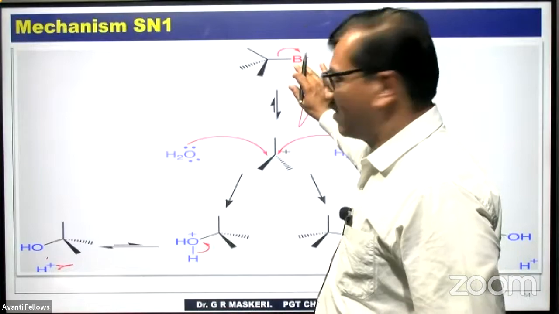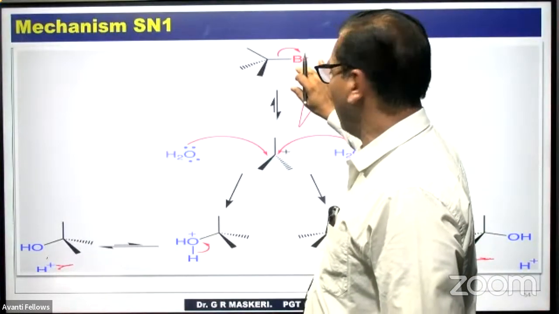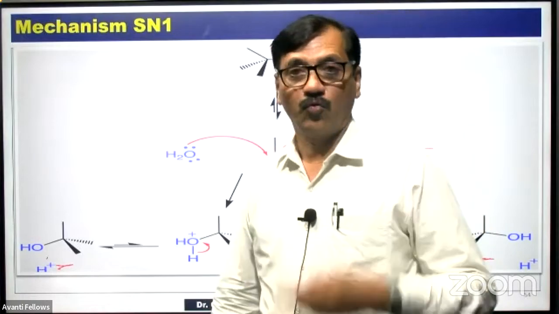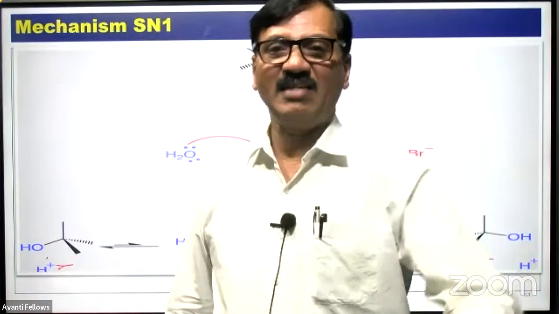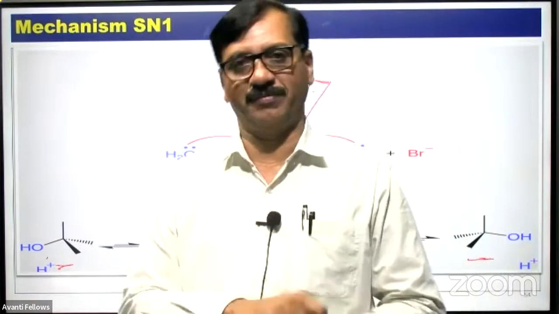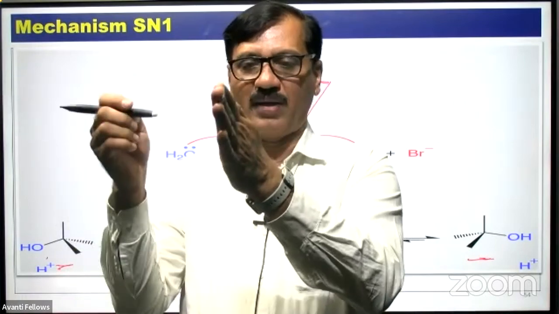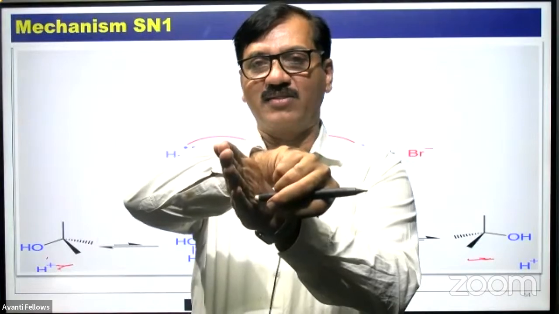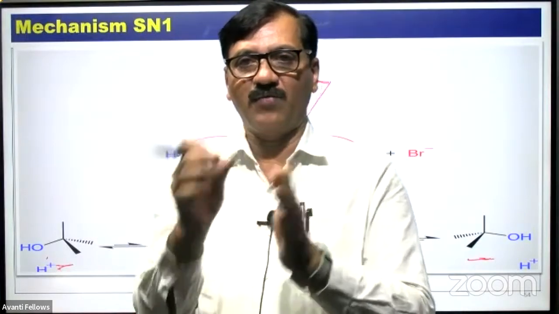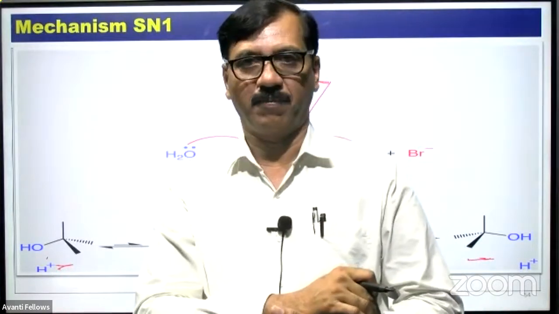So Br is substituted by another nucleophile with inversion in configuration and with retention in configuration, 50% of each. Because whenever a trigonal planar intermediate is attacked by the reagent from both sides, then 50% inverted configuration and 50% retained configuration will remain.